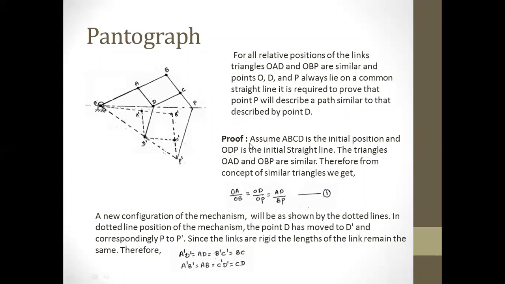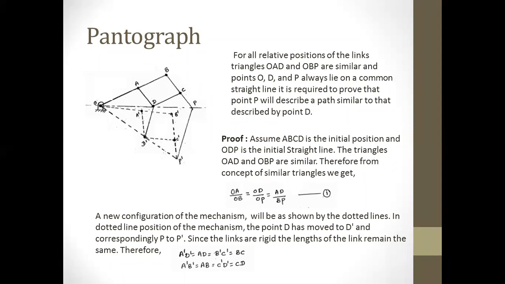We have to assume ABCD is the initial position of the parallelogram, and ODP is a straight line. The triangle OAD and triangle OBP are similar. What do you mean by similar triangles?